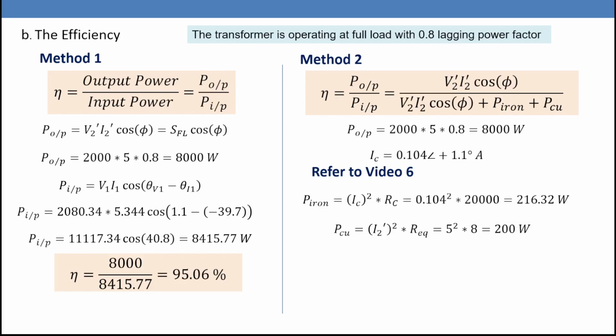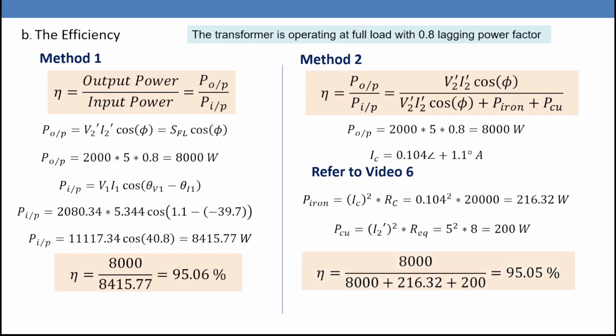So we can calculate iron loss now, I core square R core. That one is 216.32 watt. Regarding the copper loss, I2 dash square R equivalent. So that one is 5 square multiplied by 8 gives us 200 watt. So we are going to apply the values in this equation. That one is going to give us something like 95.05%. So they are 100% matching.